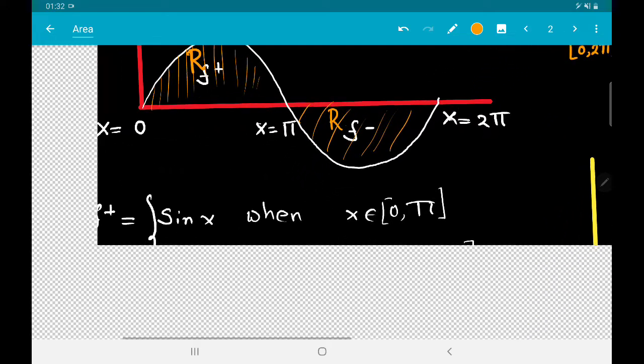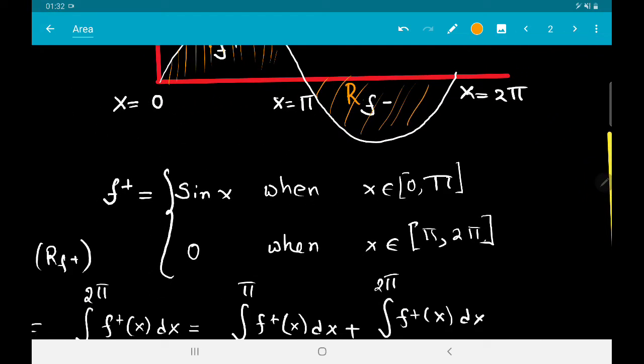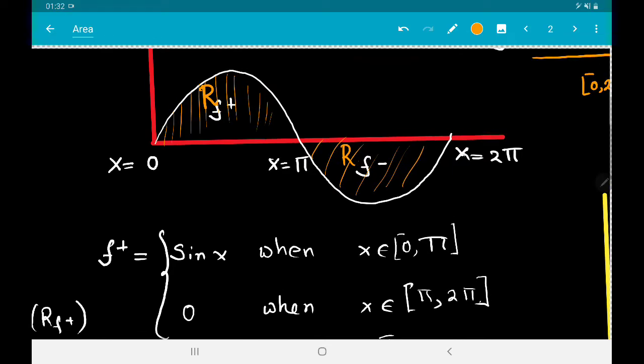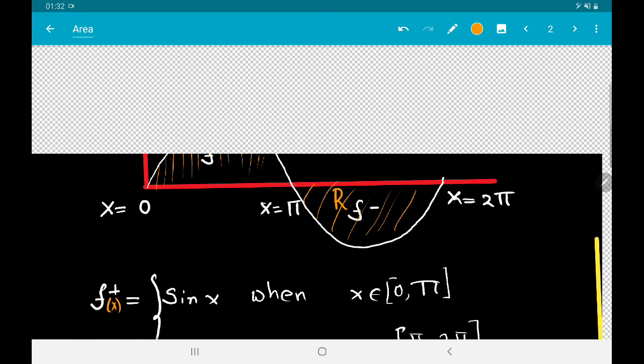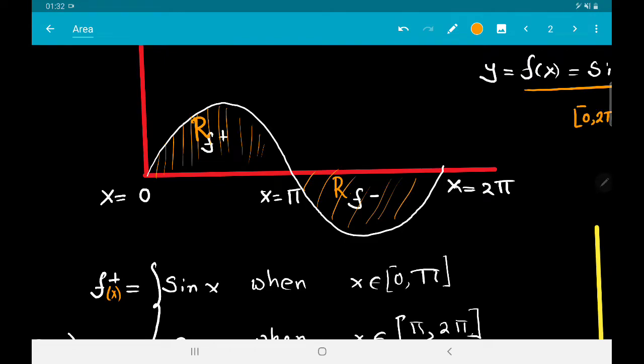Let me try to prove concretely what we have just said. What is the function f plus? What is f plus of x? Here we are actually taking the maximum of f(x), that is the maximum of sine x and 0. As long as x lies between 0 and pi, the maximum is of course the function sine x, because it lies strictly above the x-axis.